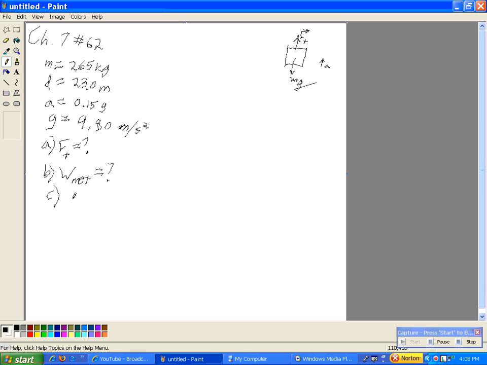Part C is what is the work done by the cable? And part D asks, what is the work done by gravity?